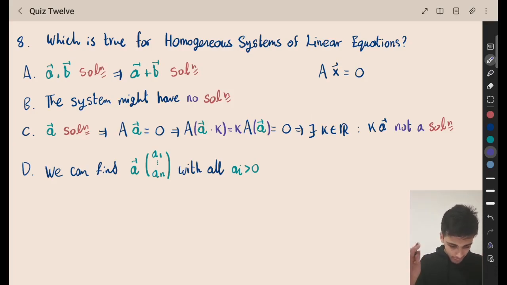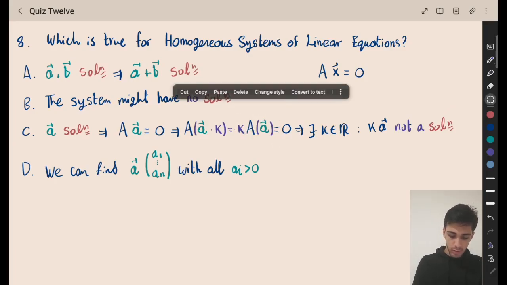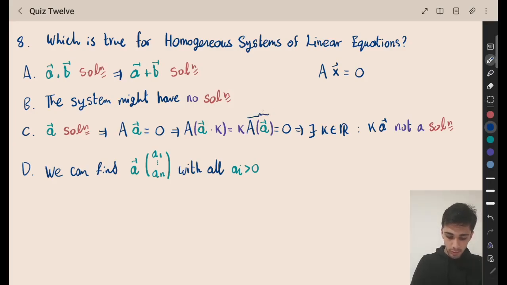And now, if this is true, then this is true because you're scaling this vector, which is the zero vector, by some K, you always get this zero vector. So there is not a K such that Ka is not a solution. It's a double negation statement.